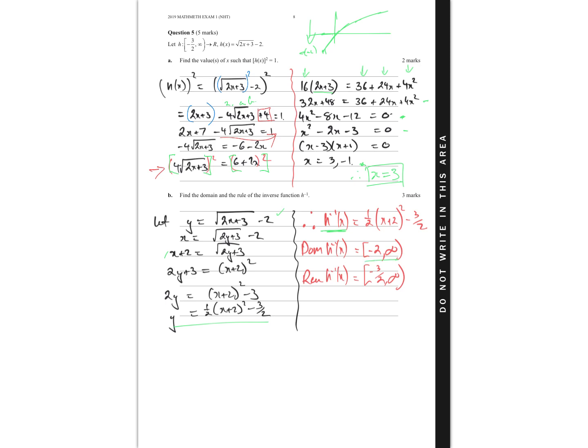So there's my negative 2 to positive infinity, and the domain is from negative 3 on 2. Sorry, the range is from negative 3 on 2 to infinity. All right, so for 3 marks: rule, domain, range. In fact, we didn't need the range, did we? It just said find the domain. So why give extra information if you don't need to?